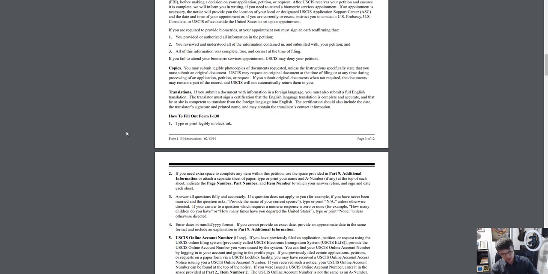Obviously, translations, some documents. If you're filing a petition for someone that is not in the United States, the language of her documents might not be in English. In that case, definitely do a translation, and you can get a certified translation. It's highly recommended. Basically, you need to find a person who understands both the language of that country that the document is in and English, and then they write their certification.